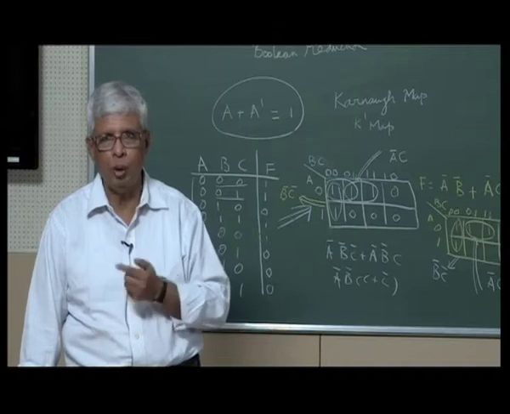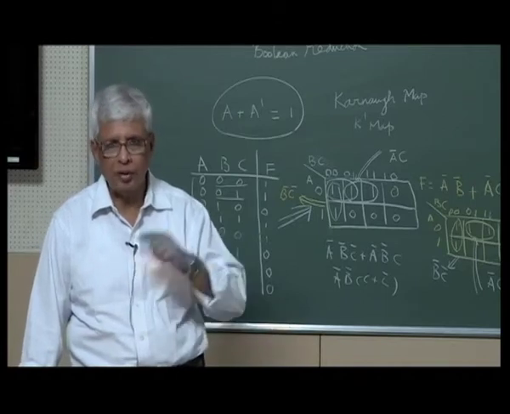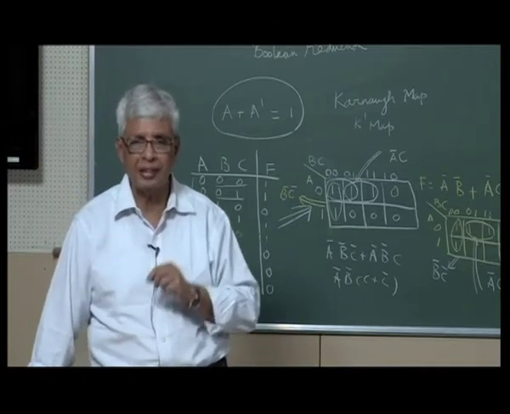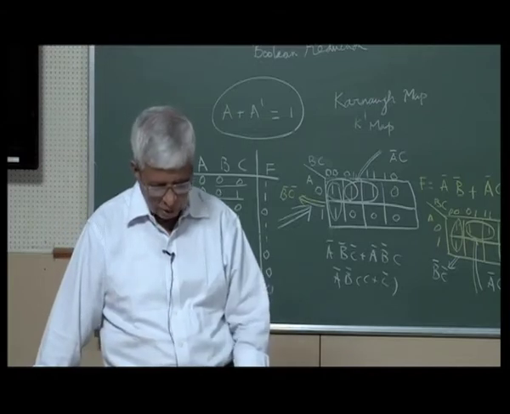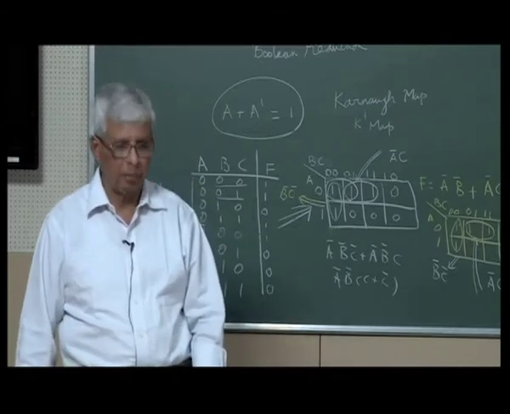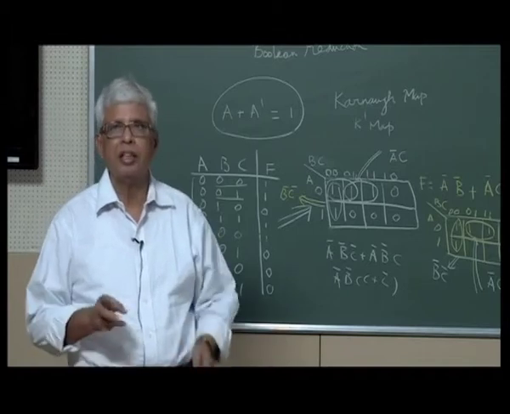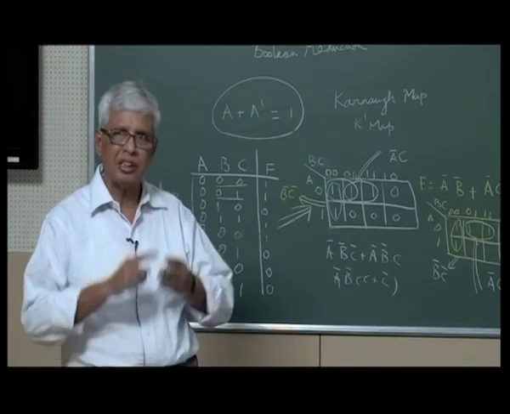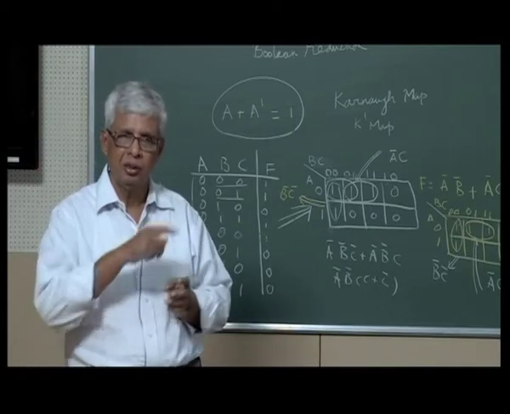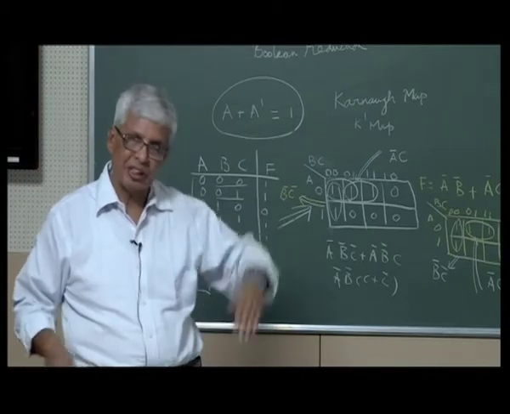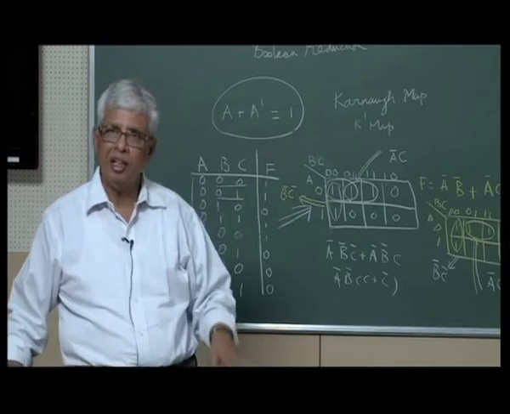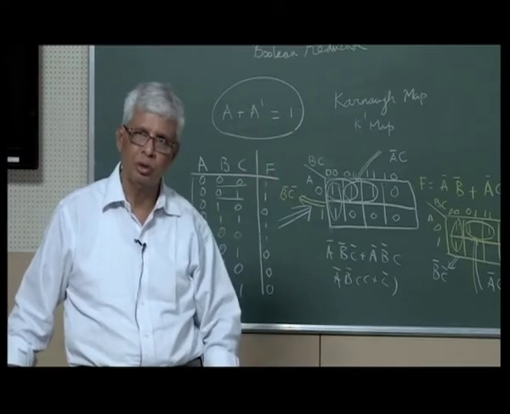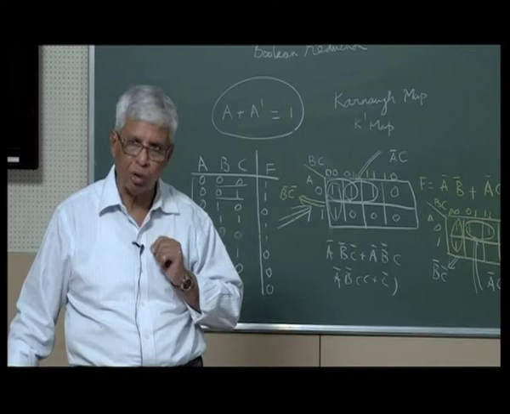Once you have covered a one, there is no need to cover it again. Sometimes it becomes necessary to cover it. This is what is known as the map method, Karnaugh map method, with 3 variables. If it's 4 variables, you will have 16 cells, because 4 variables will have 16 rows, 5 variables 32 rows, 2 variables 4 rows.